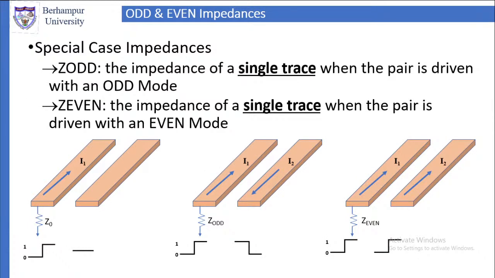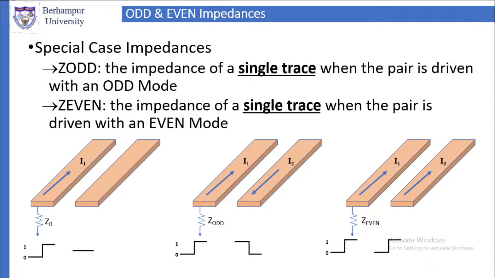Now, what are the impedances? What mode is we have seen. Now we'll see what impedances are. The special case is impedances. Z odd is the impedance in the odd mode. That is the impedance of a single trace, a single line, either the left line or the right line. Here we will consider the left line to be the signal carrying line.